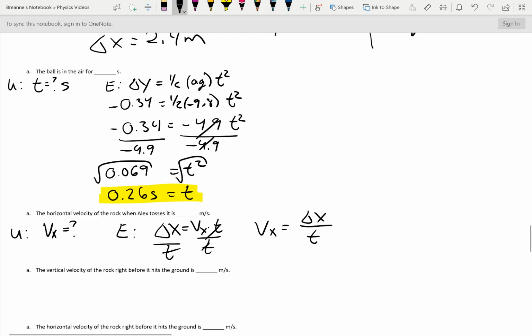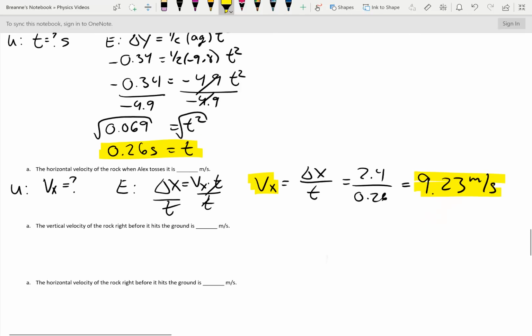Our delta x is 2.4, and we just solved for our time, so you divide 2.4 by 0.26 and you get 9.23 meters per second. That is your horizontal velocity.